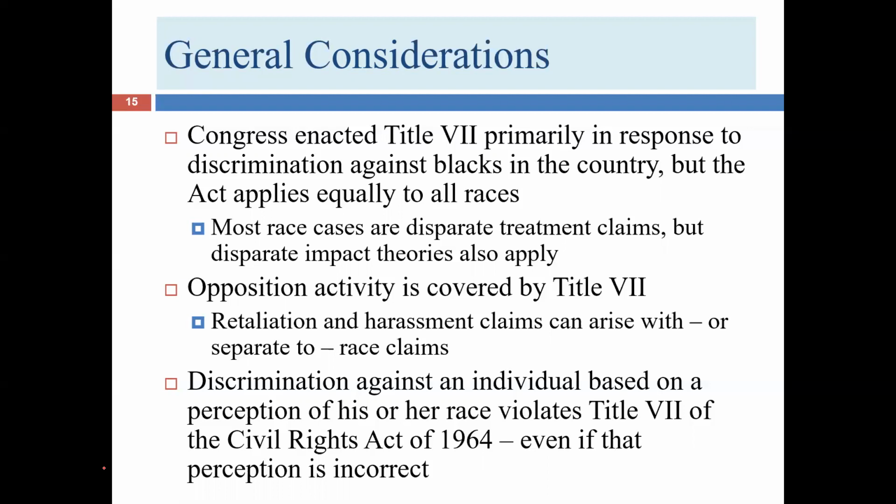The person actually is from a different part of the world. That person might be discriminated against because of the mistaken view that he or she is African American. That would still be a violation of Title VII because the person has still been discriminated against based upon the race that he or she is perceived to have.